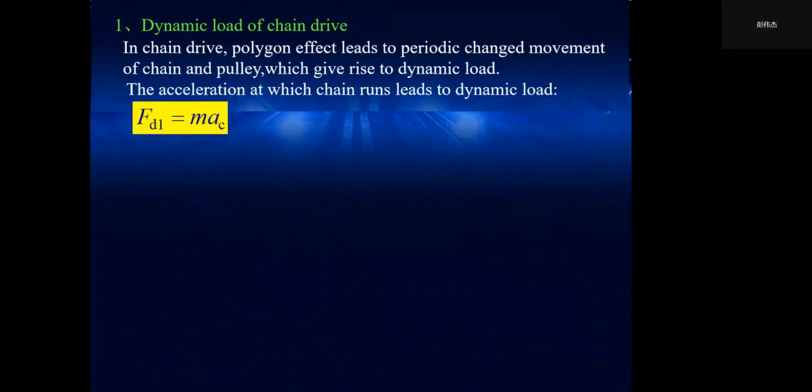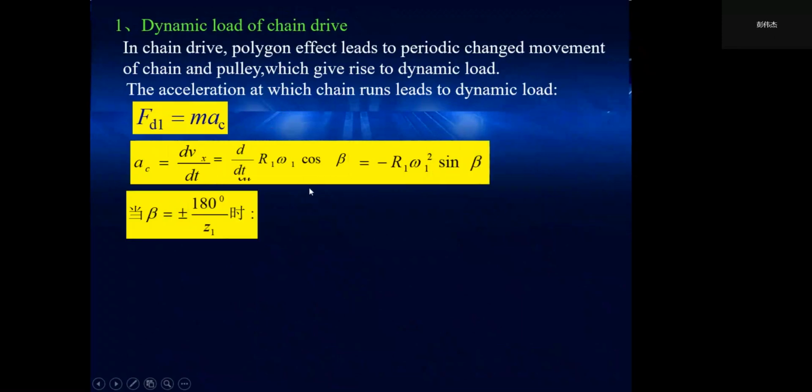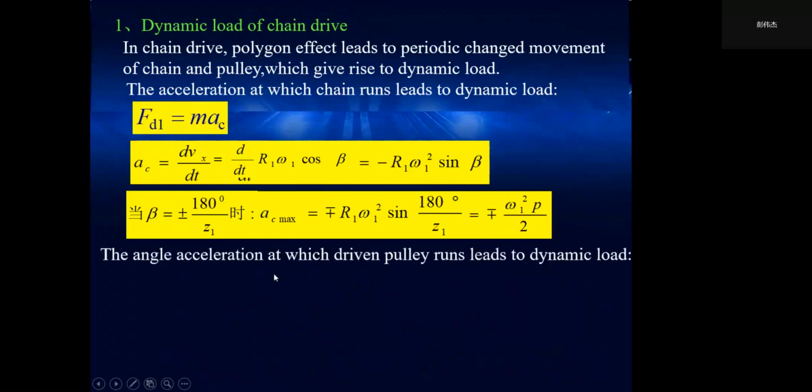In chain drive, polygon effects lead to periodic changes in the movement of chain and sprocket, which give rise to dynamic loads. The acceleration at which the chain runs leads to dynamic loads.